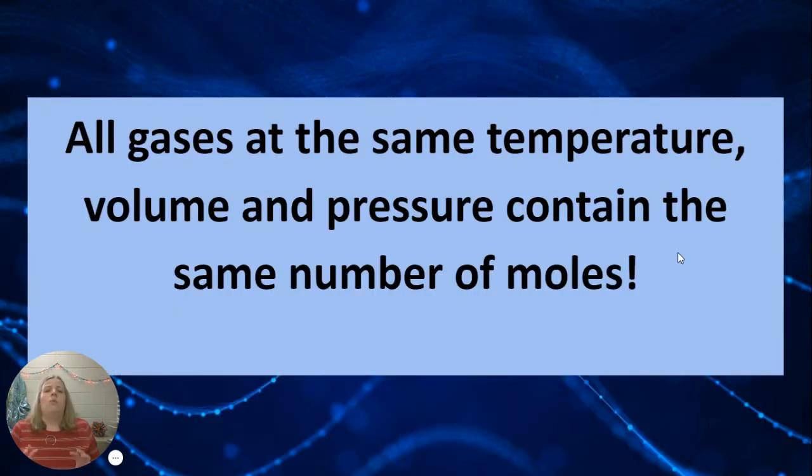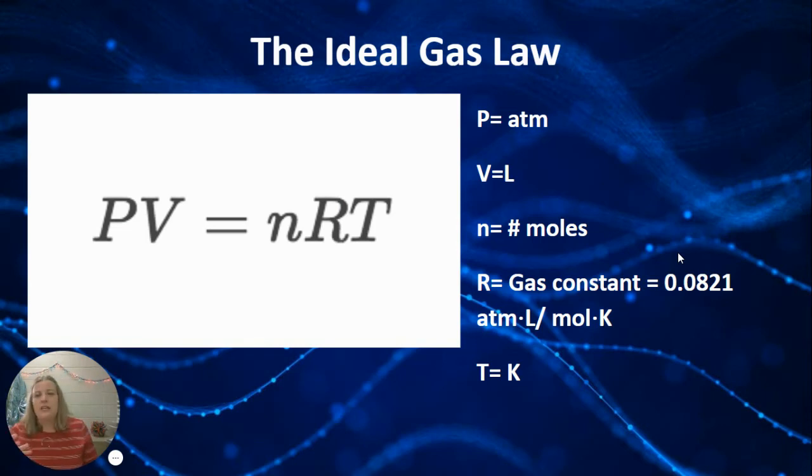But the key with all of this is that all gases at the same temperature, the same volume, and the same pressure contain the same number of moles. If you think about this equation, PV equals nRT, if I have the same pressure, volume, and temperature, and my R value is a constant number, even if I have any kind of gas, I'm still going to get the same number of moles.